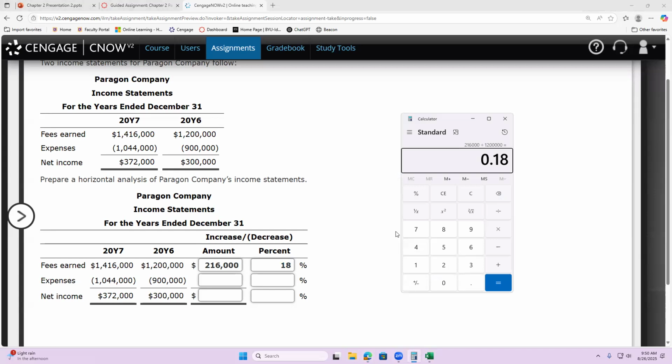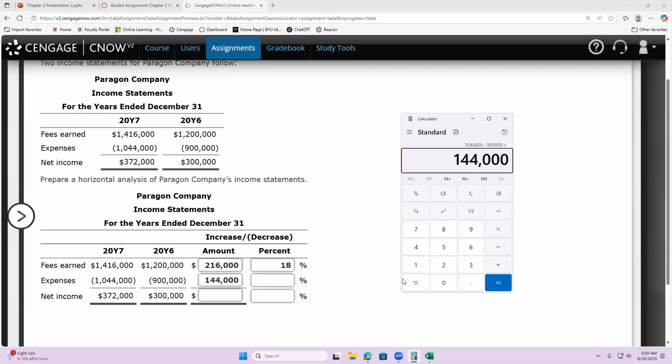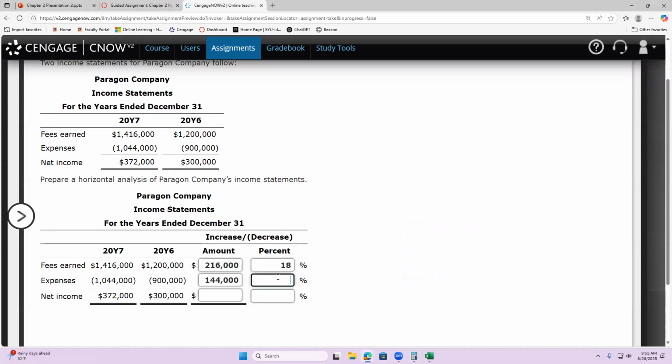We'll do the same thing for expenses, 1,044,000 minus 900,000 means expenses increased by 144,000. We take 144,000 and divide that by 900,000. We'll say our expenses increased by 16%.